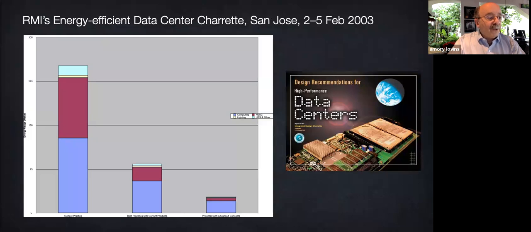Now, in 2003, when data centers were springing up that used over twice as much energy to support the servers as to operate them, RMI convened a charrette in San Jose with over 90 industry experts. Together, we found ways to save about 89% of the usual energy use, probably with lower capital cost, faster construction, better throughput, and better uptime.